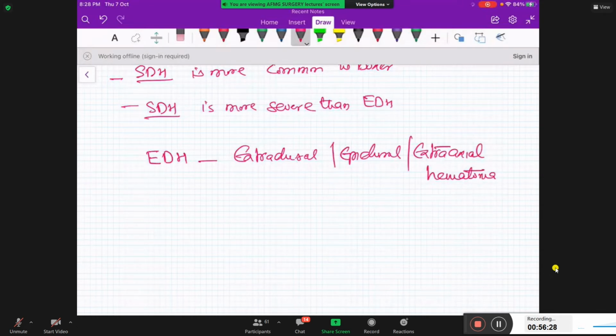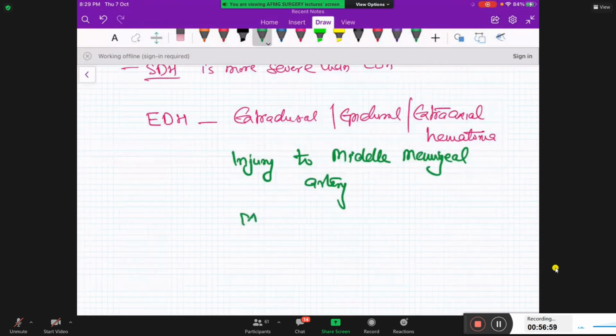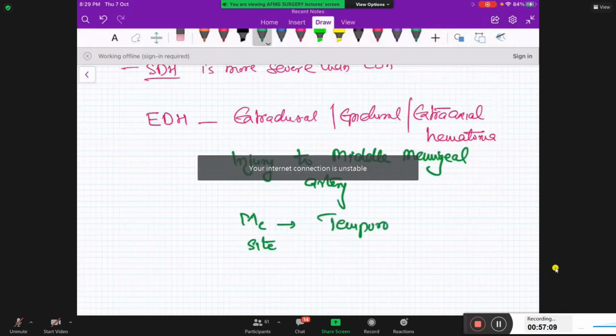This EDH is due to injury to the middle meningeal artery, and the most common site is the temporoparietal region.